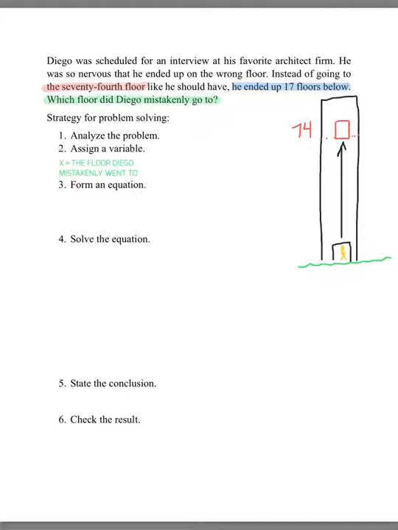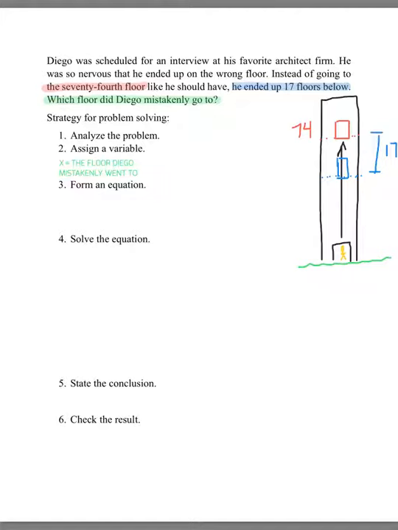So he mistakenly ended up somewhere down here. Again, we don't know what the floor actually is, but we do know it's 17 floors below the 74th. So there we go.